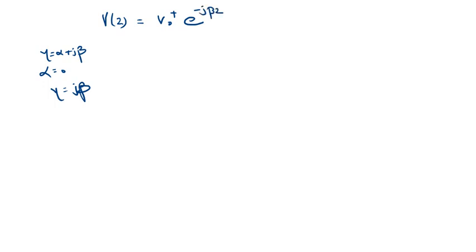Now Vz is written as V naught plus, with a change: since gamma is alpha plus j beta and alpha is 0, gamma is only j beta. So we replace minus gamma with minus j beta. Vz equals V naught plus e raised to the power minus j beta z plus V naught minus e raised to the power plus j beta z.